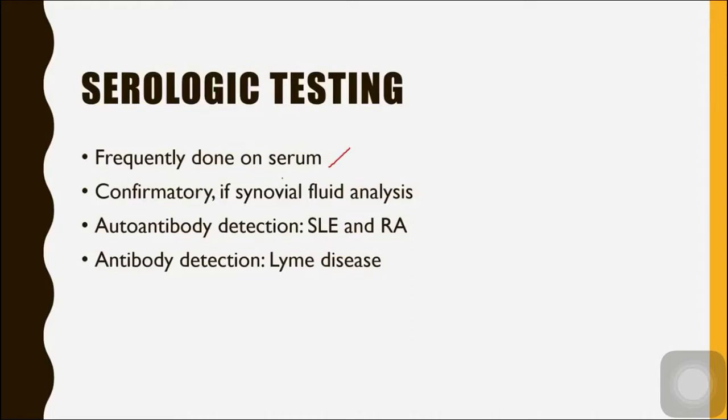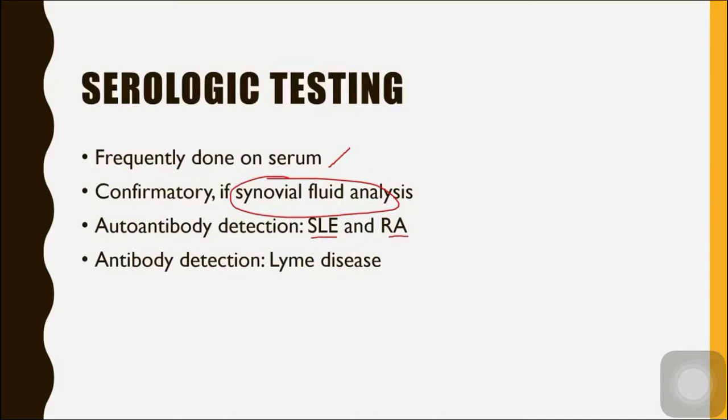It is only when confirming the presence of autoantibodies that synovial fluid analysis comes in. What are the common autoantibodies tested here? That includes autoantibodies present in patients with SLE or systemic lupus erythematosus and rheumatoid arthritis.